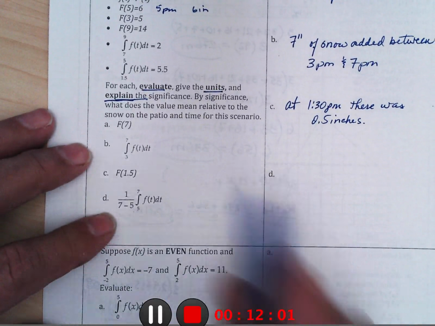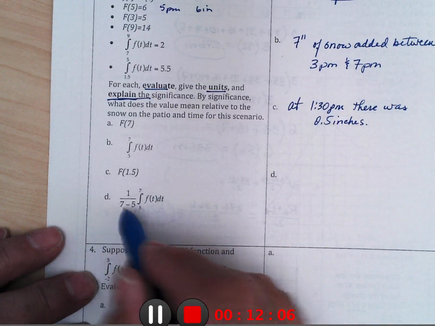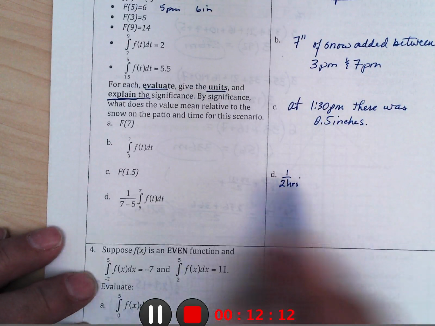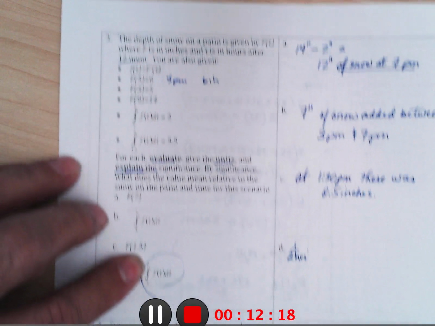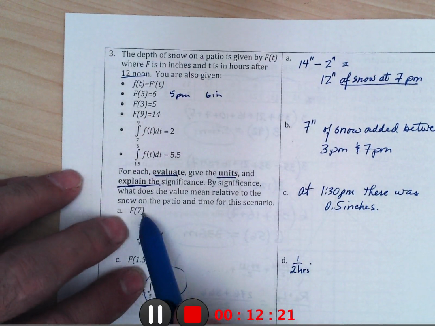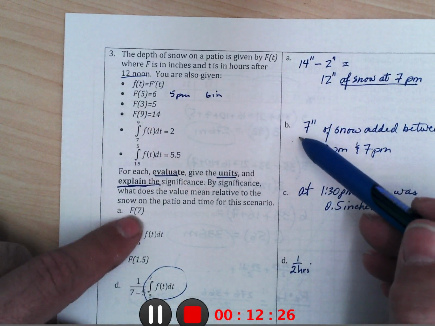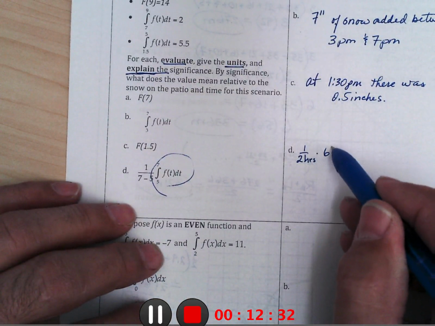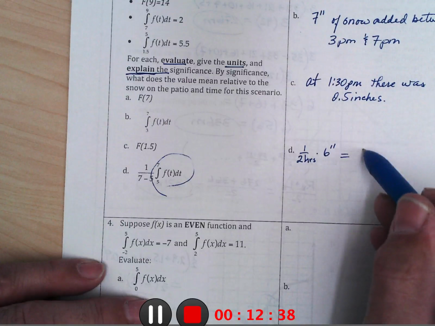And finally, 5 to 7, and 7 minus 5. So those are the hours. So we have 1 over 2 hours times the amount of snowfall between 5 and 7. From 5 it is 6 inches, and at 7 there was 12 inches, so it gained 6 inches in the 2 hours. So we've got 3 inches per hour.